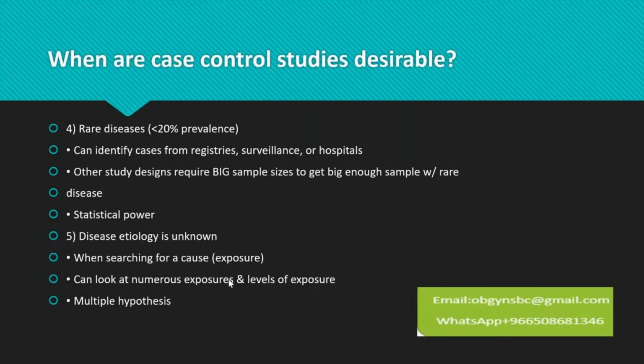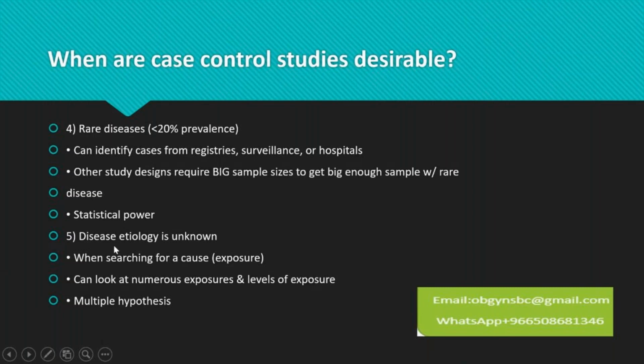We can also do them for rare diseases, to study the pattern of rare diseases, which have a prevalence of less than 20%. We can identify cases from registries, surveillance, or hospitals. Other study designs require big sample sizes for a rare disease, and then they will have statistical power as well.